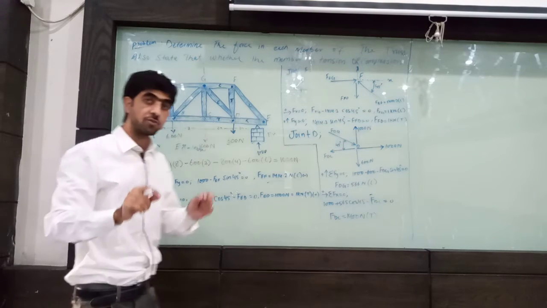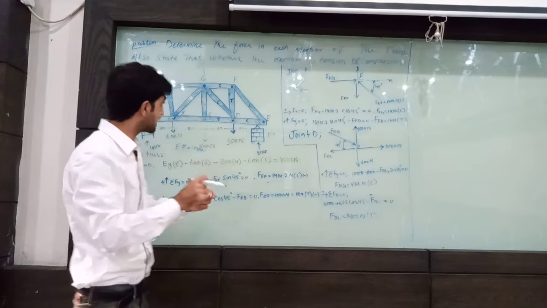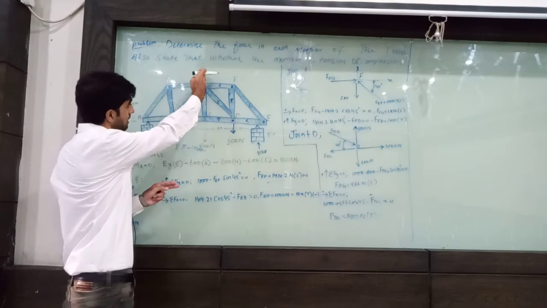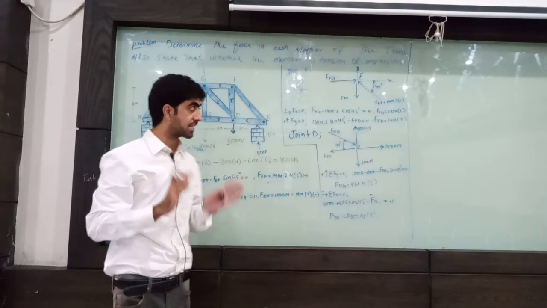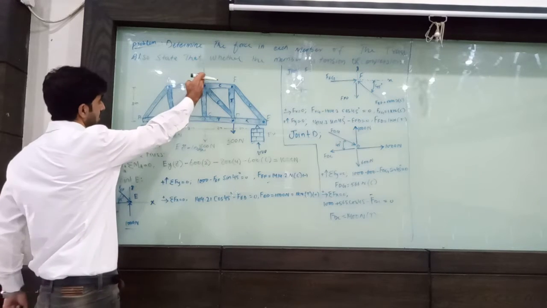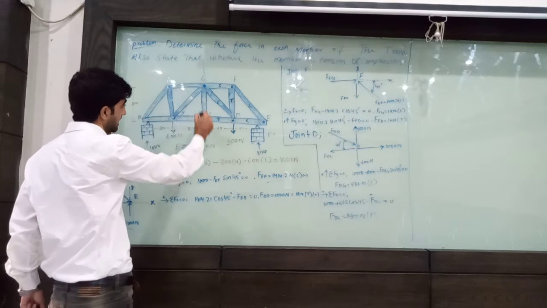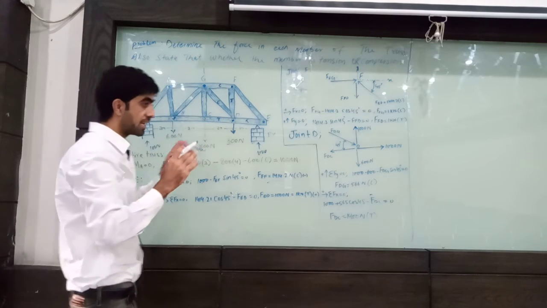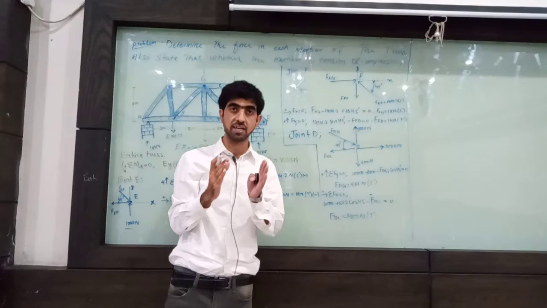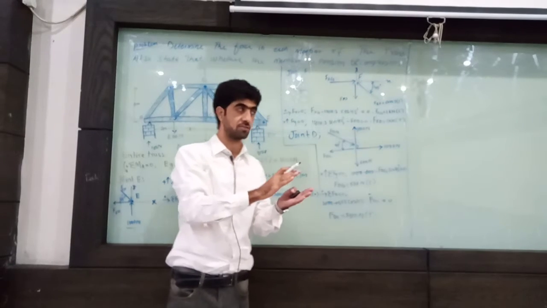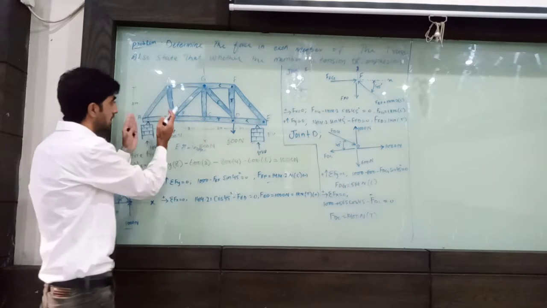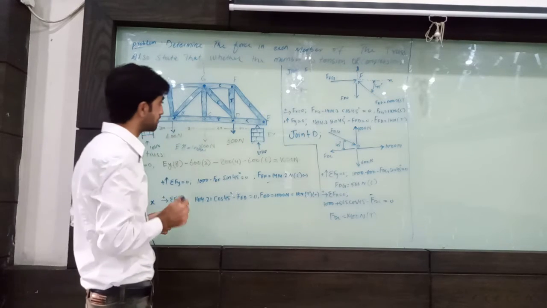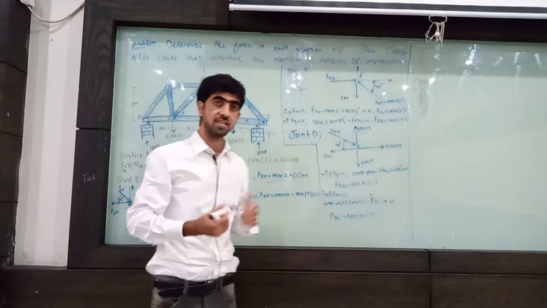If you look at this structure, it is a symmetrical structure. Symmetrical means that if you draw a line in the center, one section is similar to the other section.